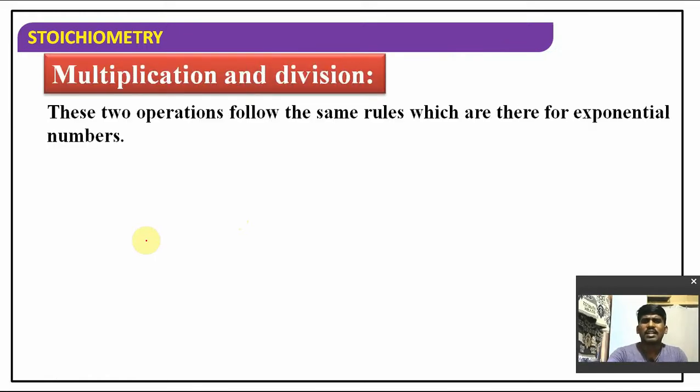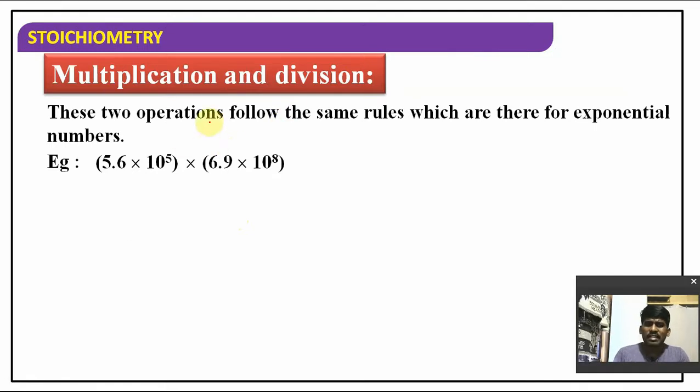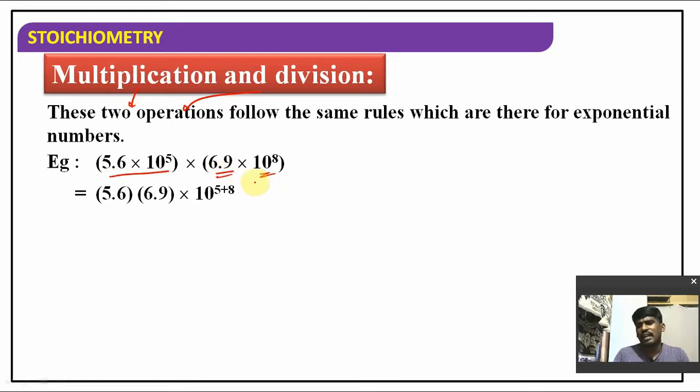Similarly, you can see multiplication and division. Whenever multiplication and division are given, these two operations, multiplication as well as division, follow the same rules which are there for exponential numbers. If you observe it here, 5.6 into 10 to the power of 5 and 6.9 into 10 to the power of 8 are given. So in such cases, what will we do, guys?